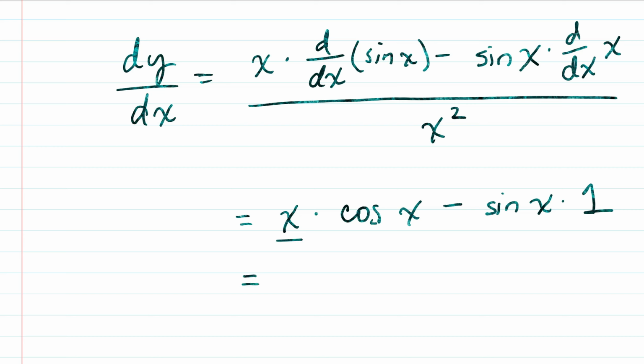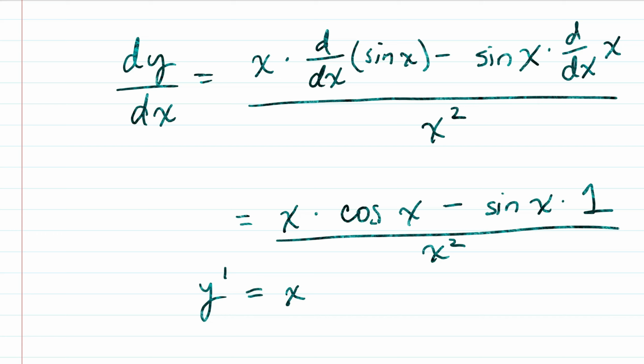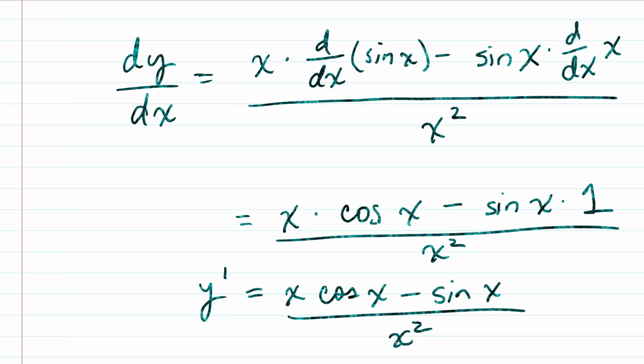So that's still over x squared, and y prime will be x times cosine x minus sine x times 1, which is just sine x, and this is all over x squared.